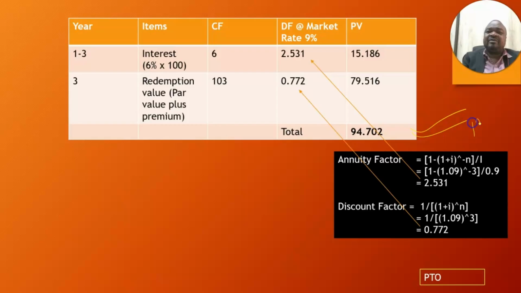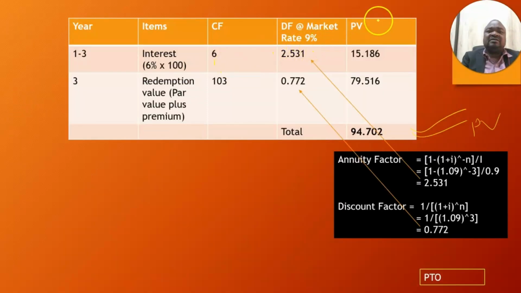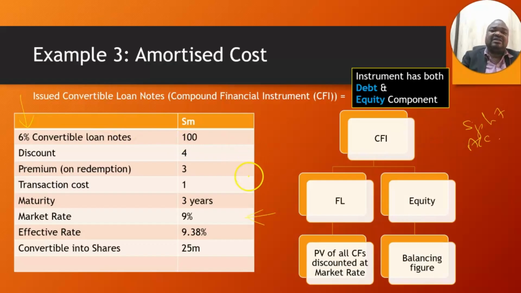So we've got the interest expense for all the 3 years, which is going to be the 6%, the coupon rate. Remember, the coupon rate 6%, right? So that's the cash flow. We're going to discount at the market rate of 9%.